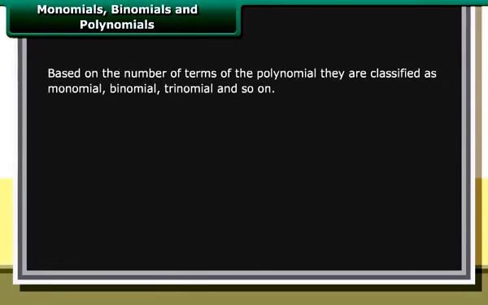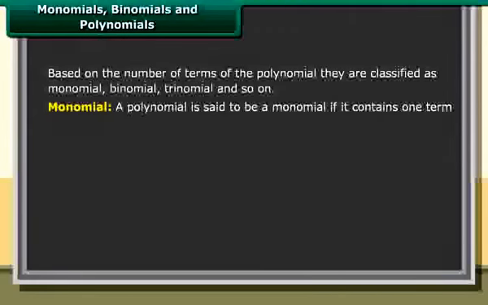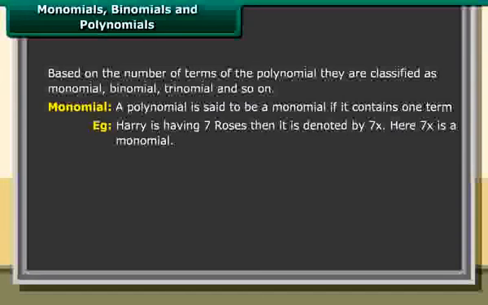Monomials, binomials, and polynomials. Based on the number of terms of the polynomial, they are classified as monomial, binomial, trinomial, and so on. Monomial. A polynomial is said to be a monomial if it contains one term. Example, Harry is having 7 roses, then it is denoted by 7x.